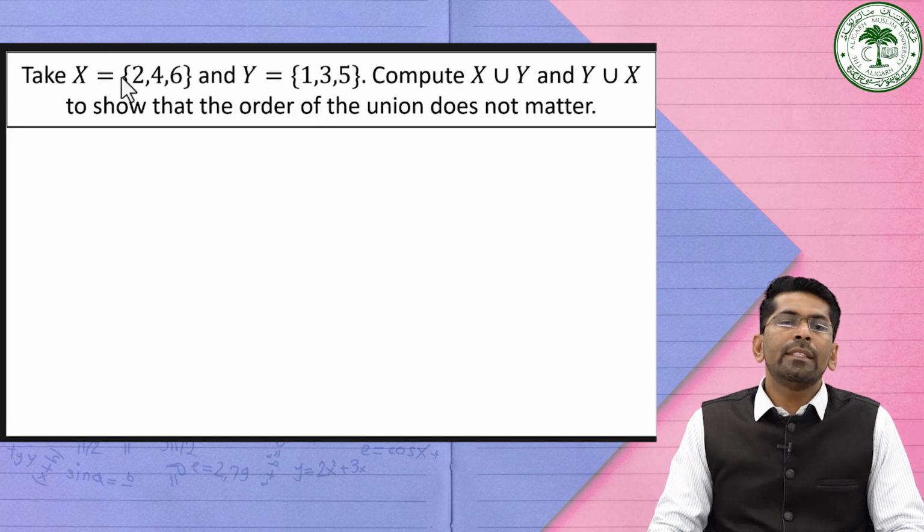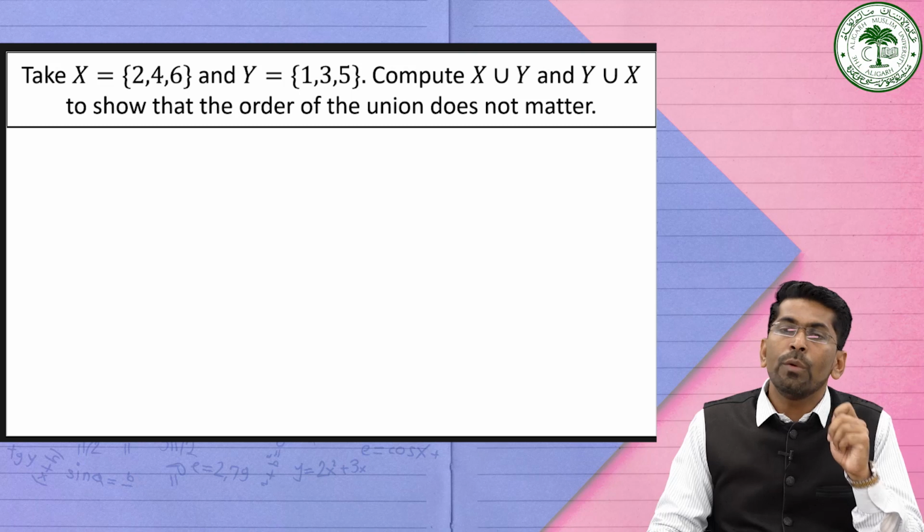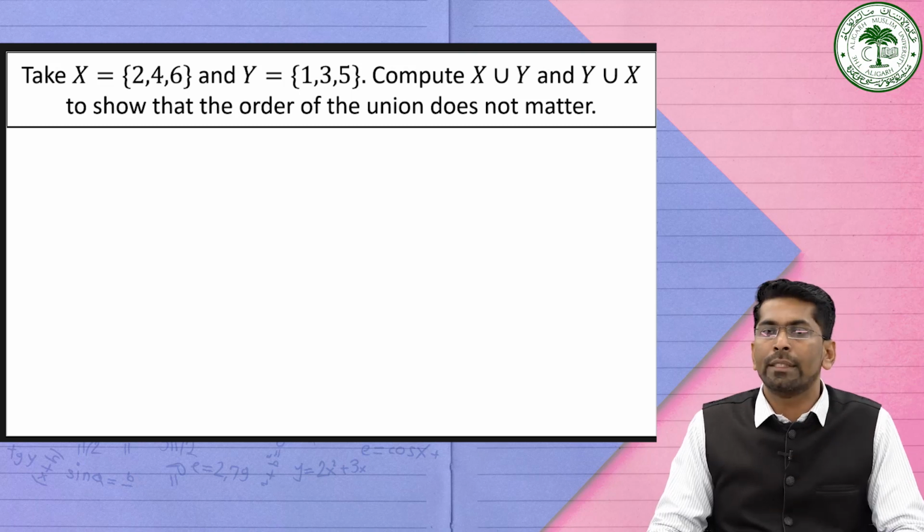Take x is equal to {2, 4, 6} and another set y is equal to {1, 3, 5}. We want to compute x union y and y union x and show that the order of the union does not matter. That means the question is related to the commutative law for the union of sets.